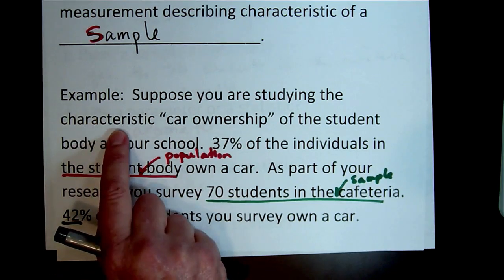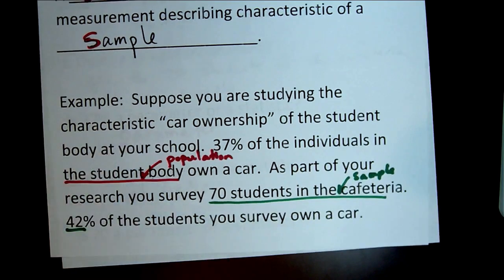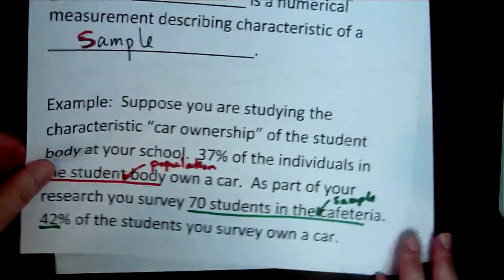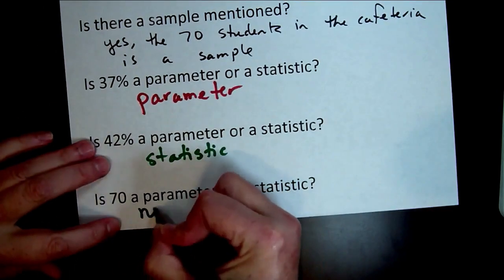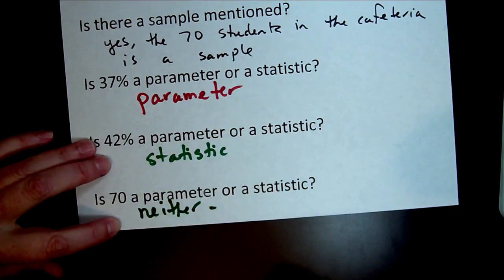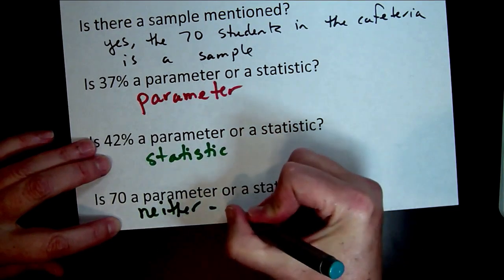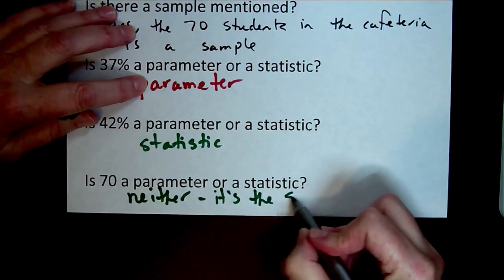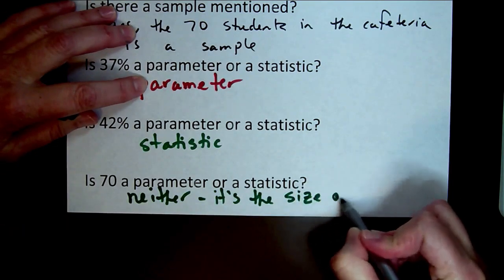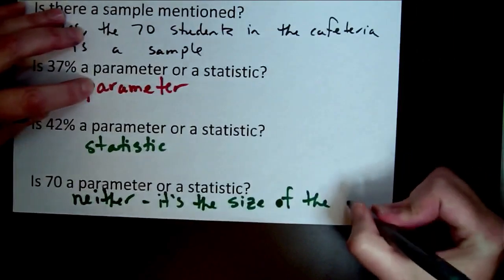Remember, we're studying the characteristic or variable car ownership. And 70 doesn't have anything to do with that. What 70 is, it's just telling us how many people are in the sample. In other words, it's the sample size. So it's actually neither. It is the size of the sample.